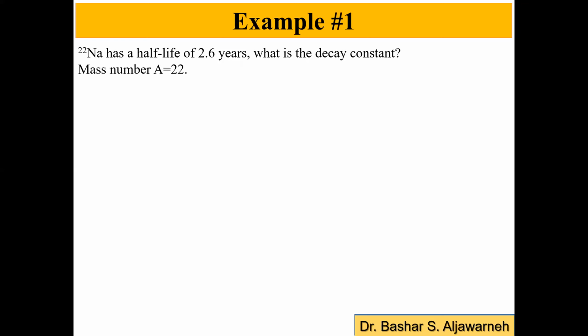In Na22, where the half-life time is 2.6 years, what is the decay constant? In other words, calculate lambda. We know the half-life time equals ln2 divided by lambda. From here, lambda equals ln2 divided by T 1/2. If I'm looking to calculate lambda in units of 1/years, keep the time in years.